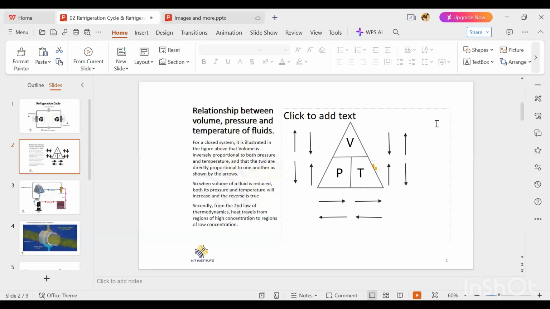That's it. Then we go to manipulating volume. If we increase volume or reduce volume, we can play around with temperature and pressure. You understand? So if you understand those two statements very well, then you're good to go.